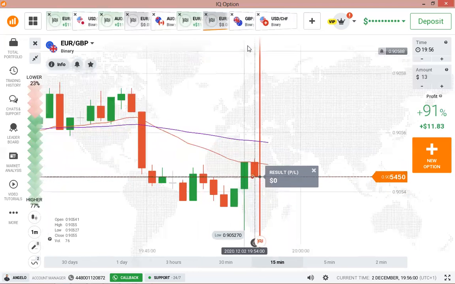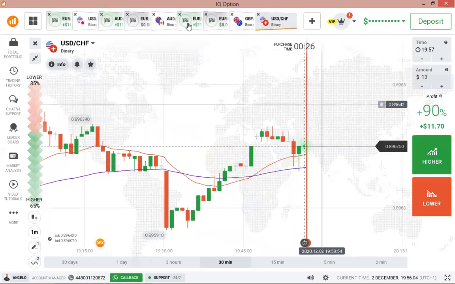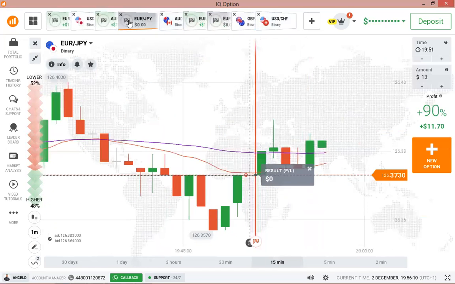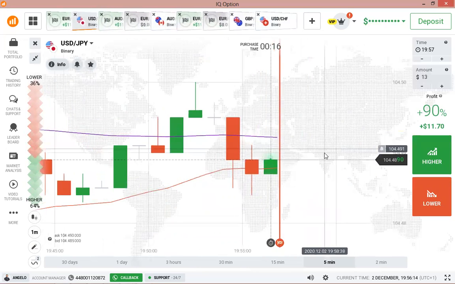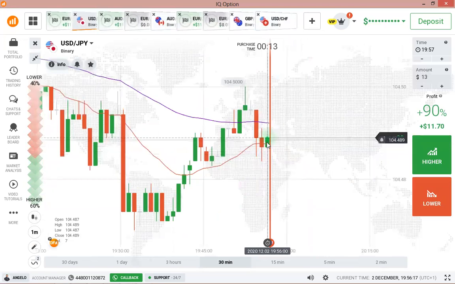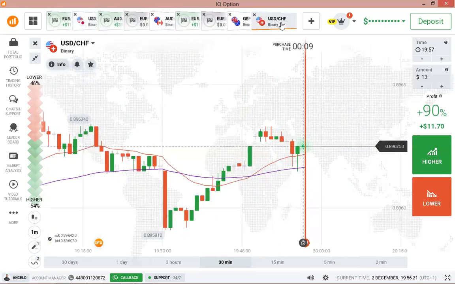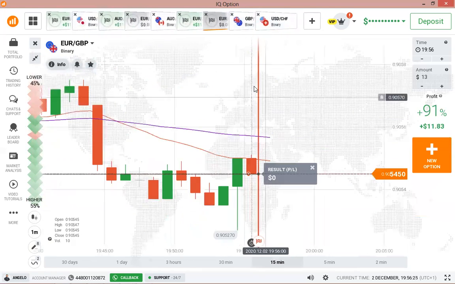Okay, ATM. Okay, so I'll place my trade after this candle. I got ATM here because of my entry.